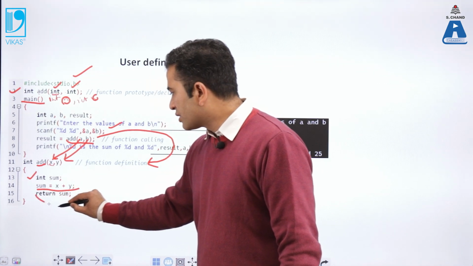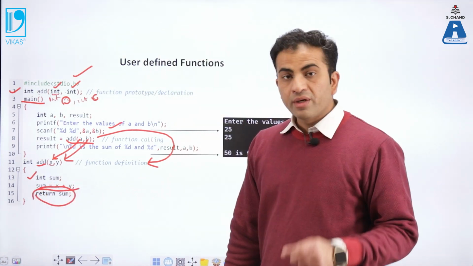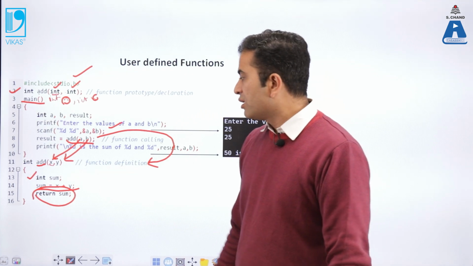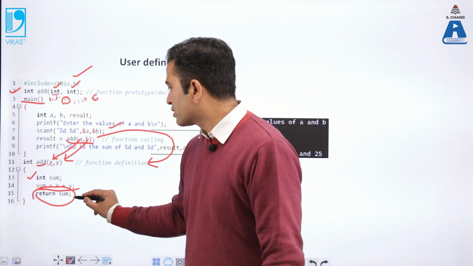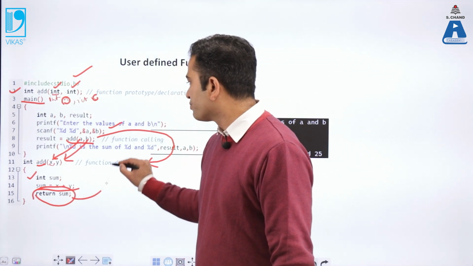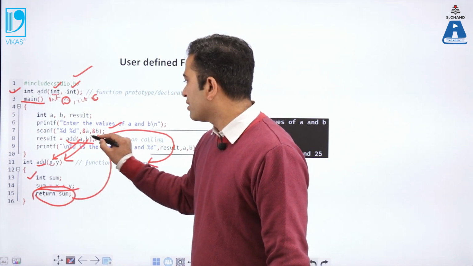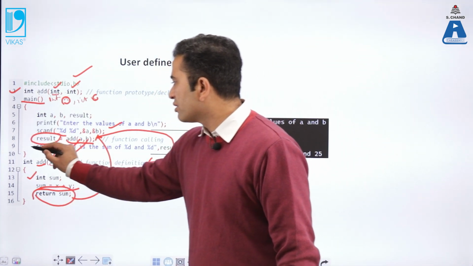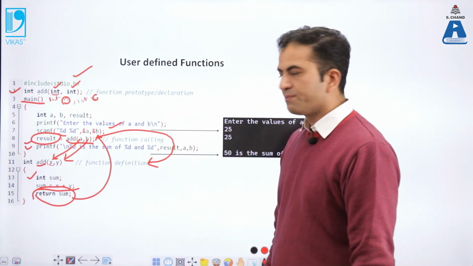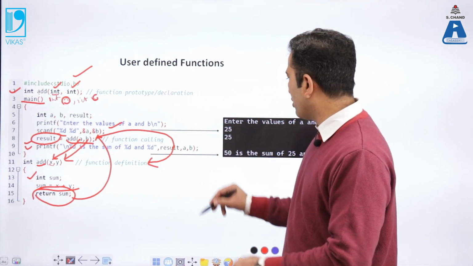After this, sum returns to where the function is called. The function is called from here. So return sum. The value of sum will be returned here, and this value will be assigned to the variable result, and this particular statement will print the result. This is how it is executing.